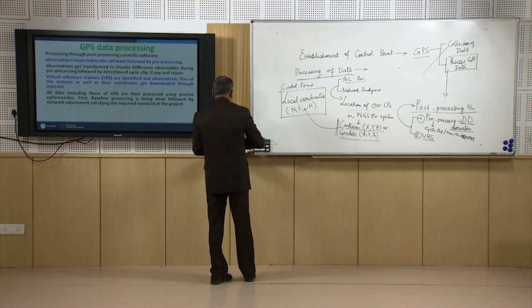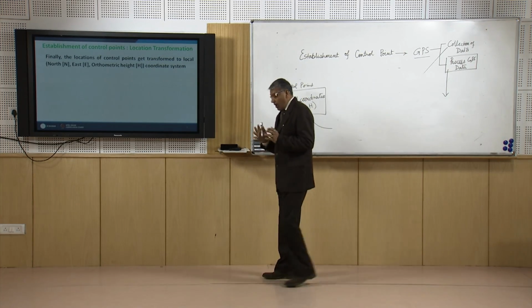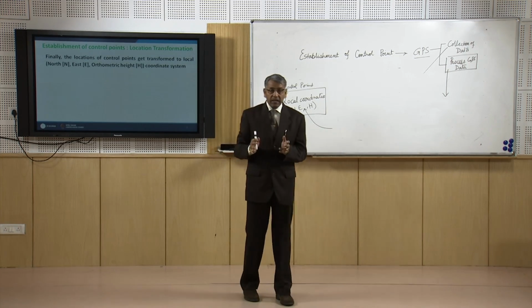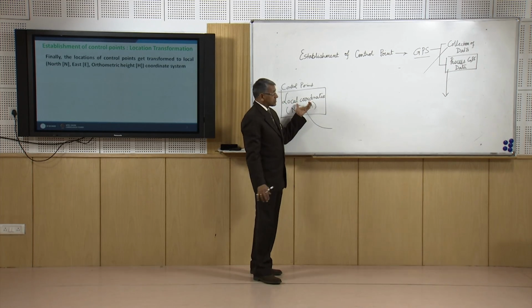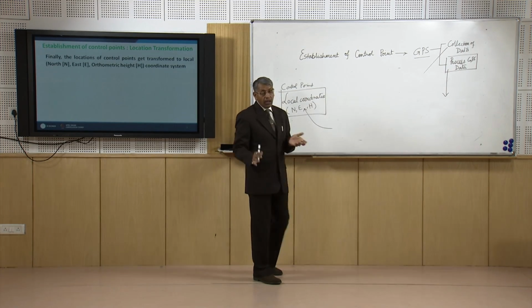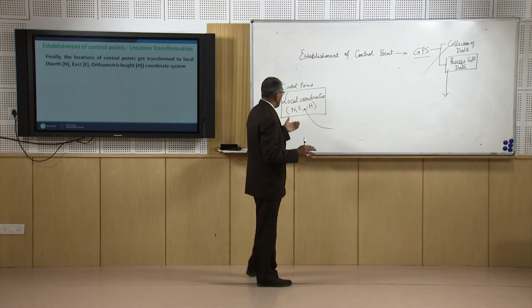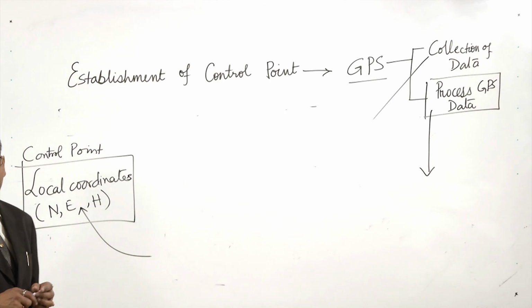So the end product of establishment of control point is the determination of local coordinates of the control point in our area to be surveyed in terms of north, east and orthometric height.